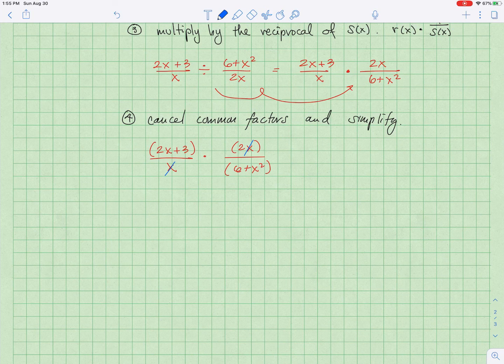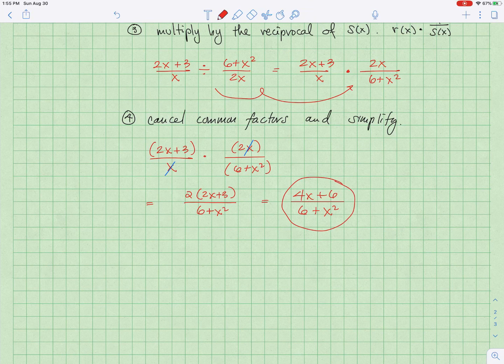So we'll cancel that guy. And then we'll simplify, and we'll get 2 times 2x plus 3 over 6 plus x squared, which we could rewrite as 4x plus 6 over 6 plus x squared. And that would be our simplified rational expression.